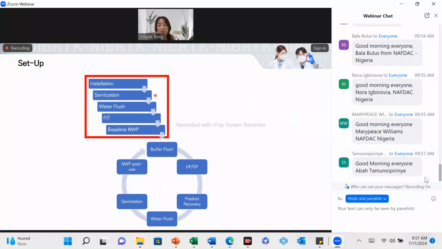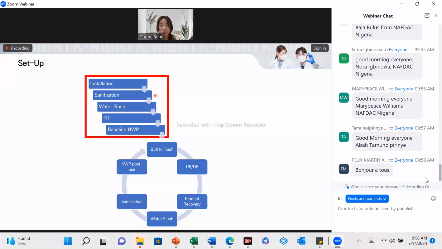First, we need to install the TFF filter into a suitable housing or holder, and then connect it to the equipment. This process can vary depending on the type of equipment or filter you are using. While installing, it's important to be careful to avoid any leaks or damage. Make sure everything is securely in place and properly connected.